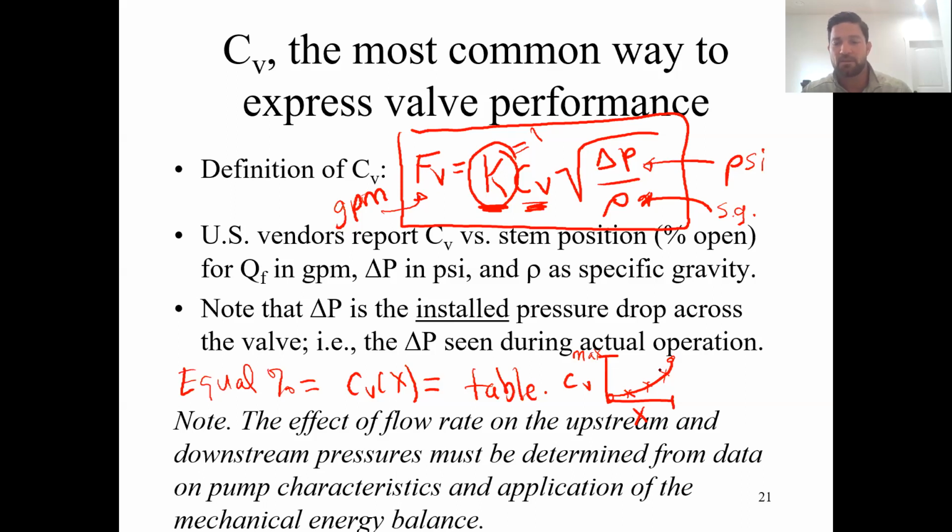That's something that we can do, and then we can use that equation for that specific valve to relate CV and X. But in general, equal percentage valves are designed by the vendor, and we can plot it accordingly like this. Again, if we use this to size a valve, we have to just use the table to get the information.